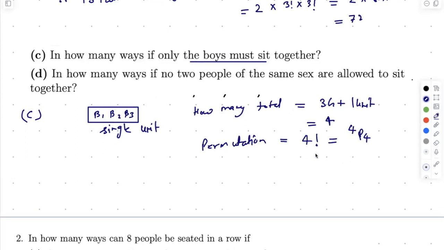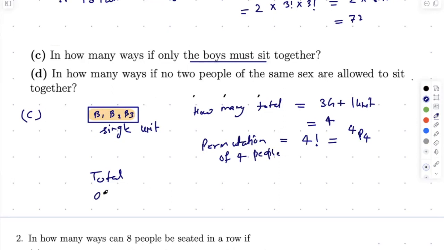4 factorial. But the question here is, these boys can arrange their positions also. So how many ways can these boys arrange their positions? The answer is 3 factorial. So basically, this is the permutation of 4 people.